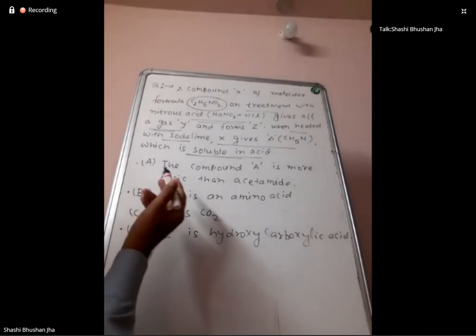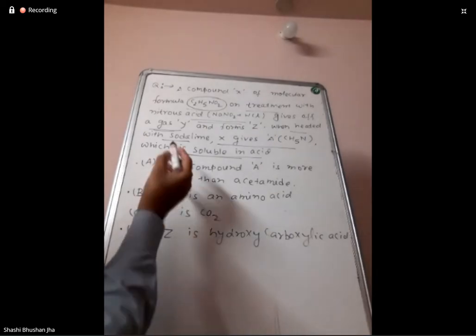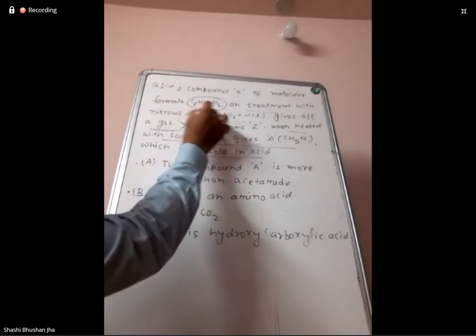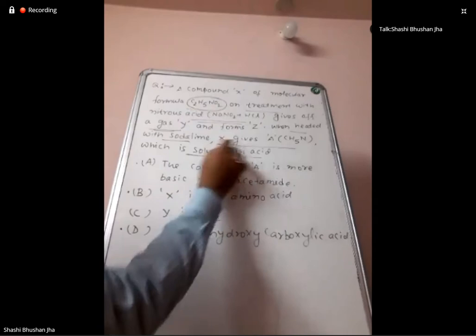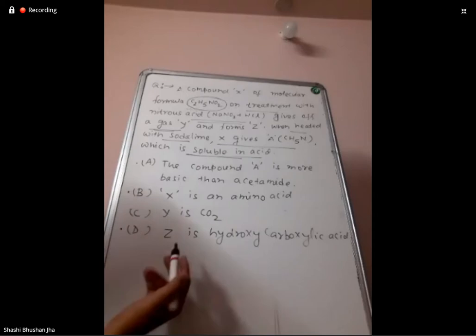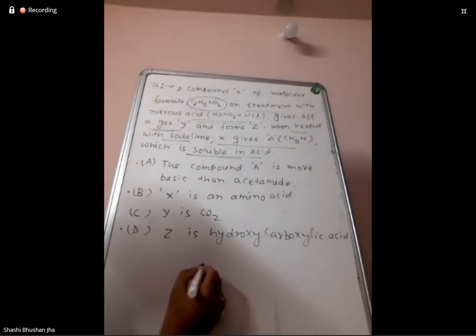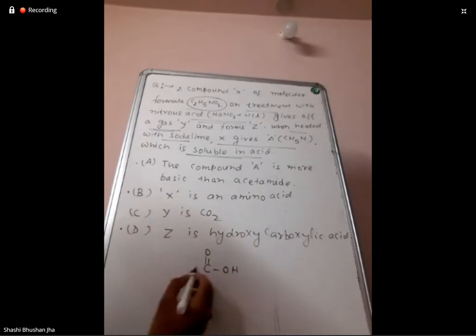So here, you see C2H5NO2, one thing is very clear that it is amine, and from the second statement we are able to understand that it contains carboxylic acid also. So if it has a carboxylic acid group, then it will have this COOH, and after that you are left with only one more carbon, and an NH2 group should also be there.